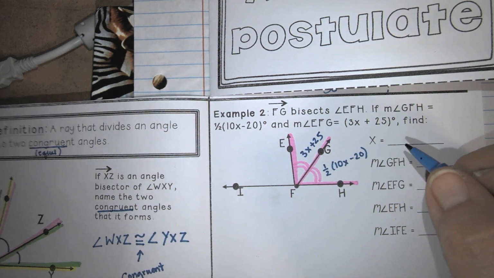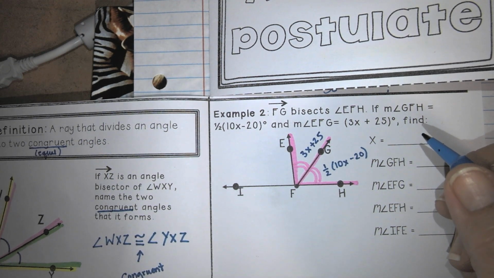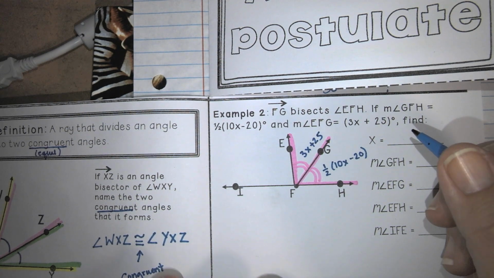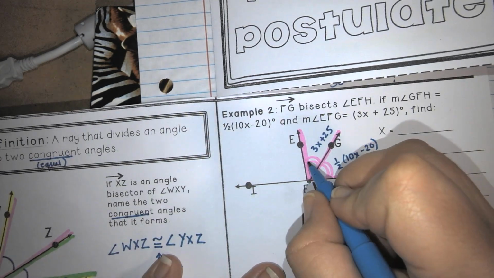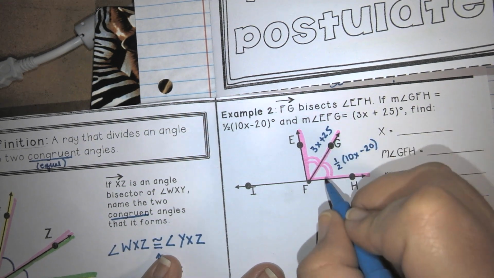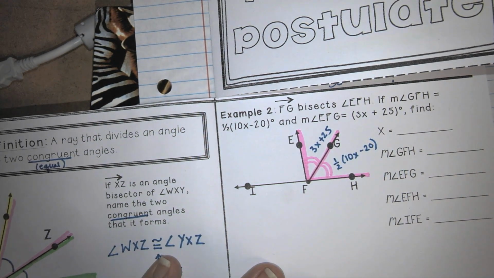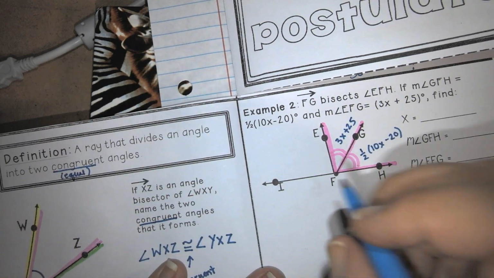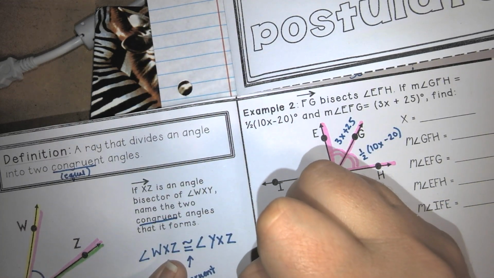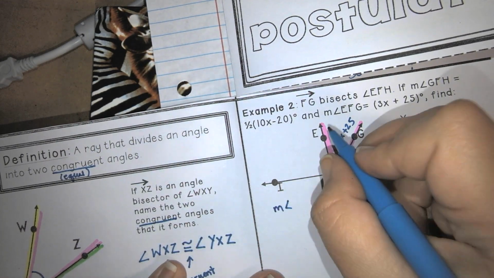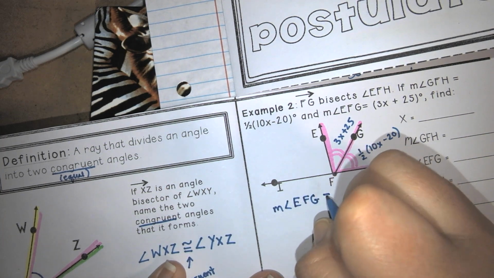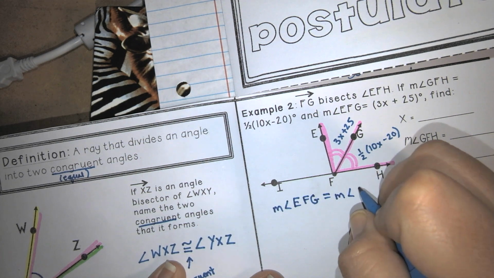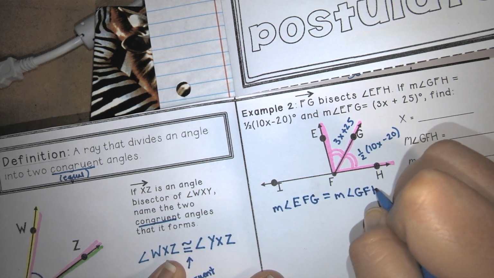So first I've got to find x, so I've got to come up with an equation. We're not going to use the angle addition postulate here because I don't have a total for any of these angles. But I do know that this pink angle, EFG, is the same as GFH because we have an angle bisector. So my equation is going to say the measure of angle EFG equals the measure of angle GFH.